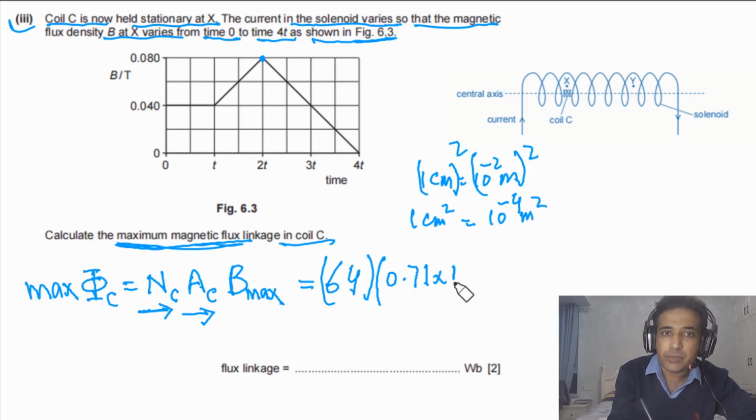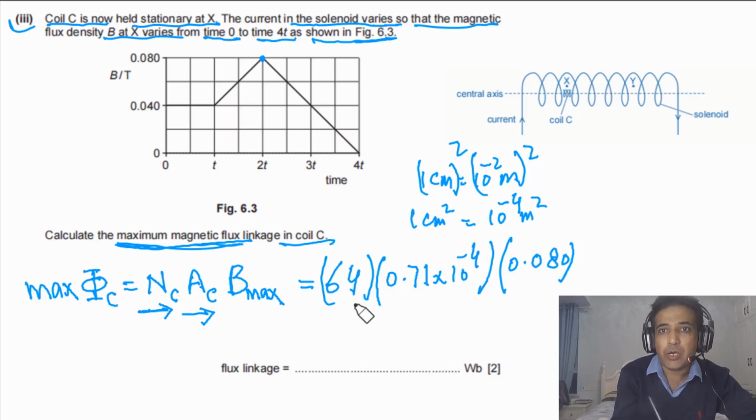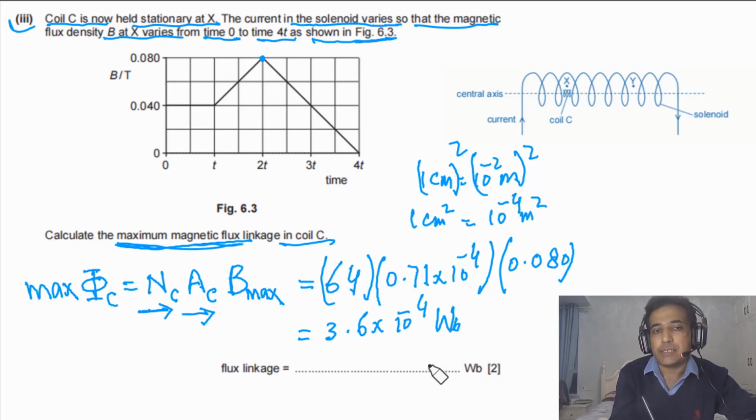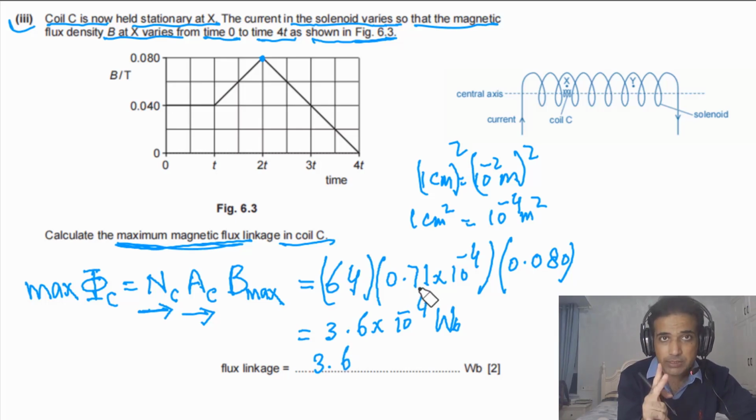So we have to multiply this with 10 to minus 4. And B is maximum, and its value is equal to 0.080. Now if we solve this, we will get 3.6 times 10 to minus 4 Weber. This is the answer, Weber. You can write the answer up to 2 SF, because the given data has 2 SF, so the final answer should also have 2 SF.